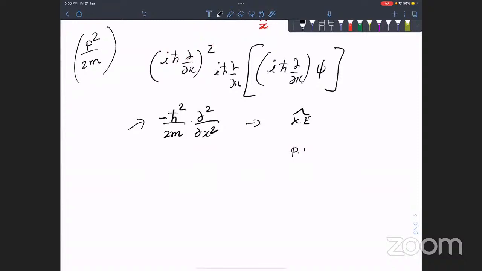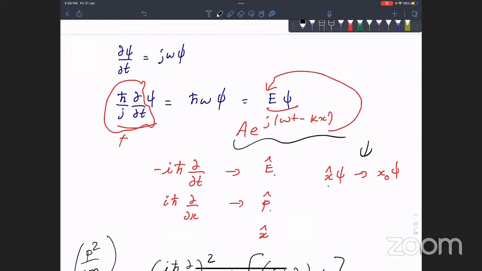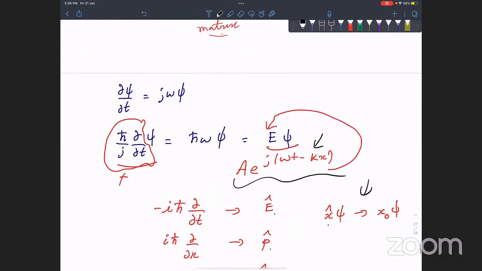How do I do the potential energy operator? What is my potential energy operator? The potential energy operator is going to be given by whatever the potential is as a function of x, multiplied by psi. Because my psi, this plane wave function, is not a position eigenstate. It does not have a fixed potential energy. It's not going to be a potential energy eigenstate either, right?